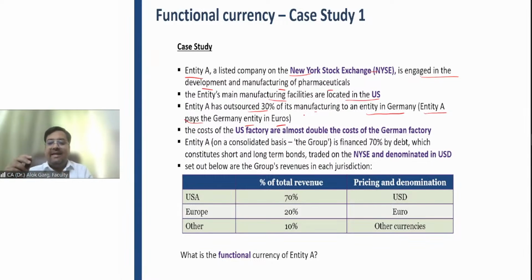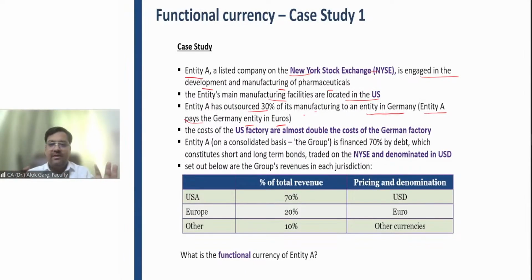So this entity A is a US-based entity listed in the USA, and its main production cost is incurred in US dollars. But 30% of the direct cost is in euro, and 70% of the cost is in US dollar, right?